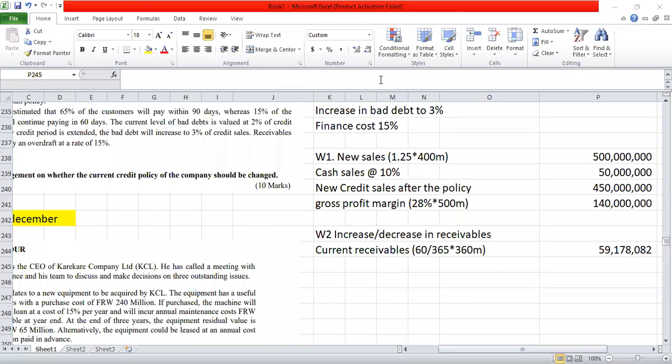Are we going to calculate gross profit at 28% on 100 million?